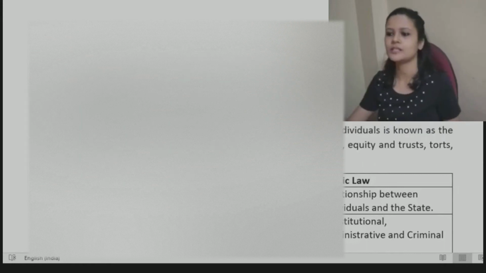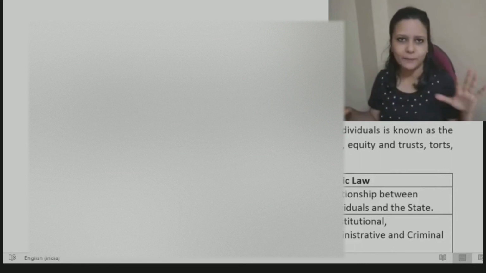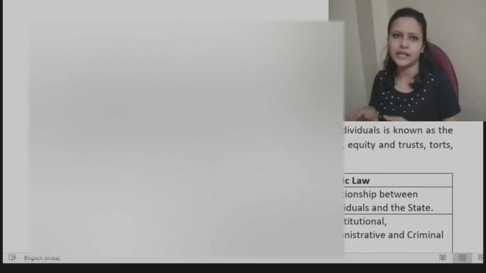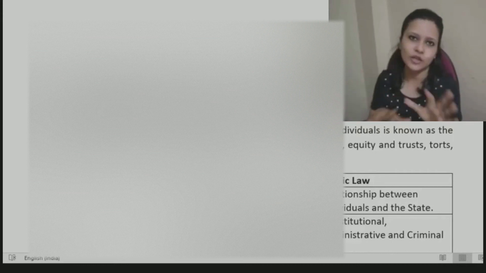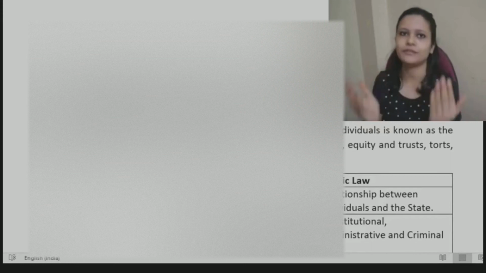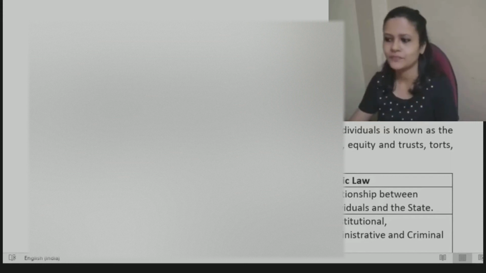We cannot segregate them completely. Somewhere or the other, they might overlap with each other. As I said, some laws might be civil also, criminal also. These laws may overlap, but still we will try to differentiate between the two.